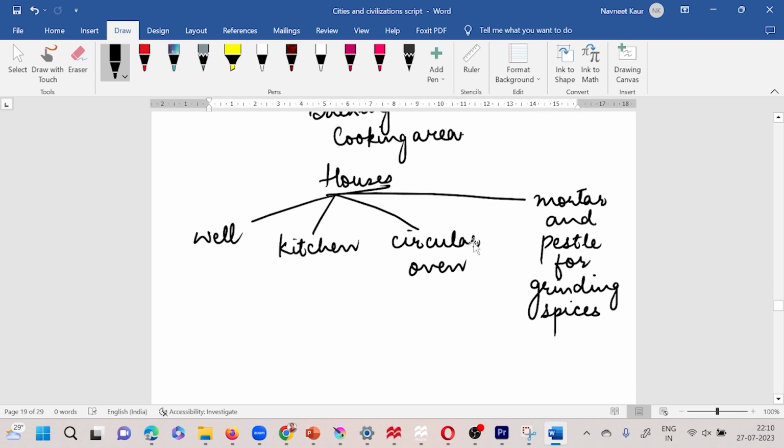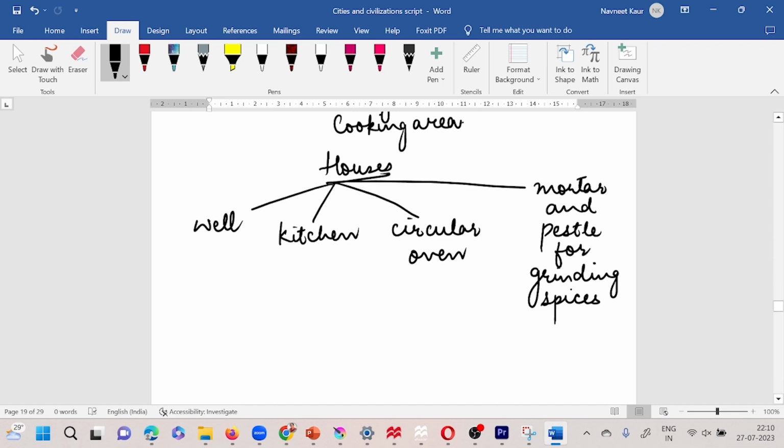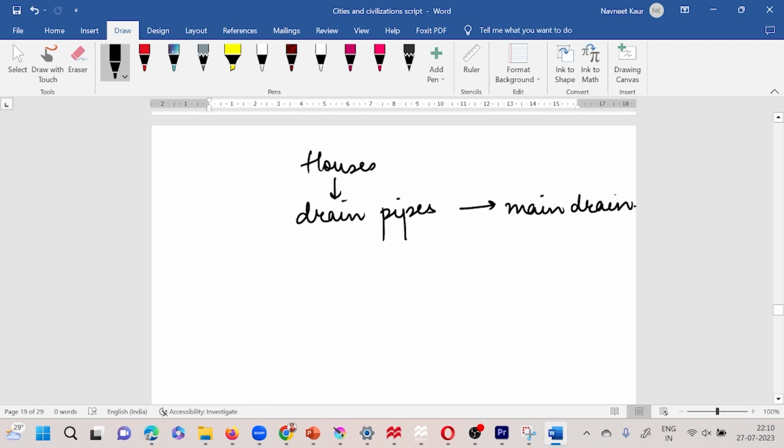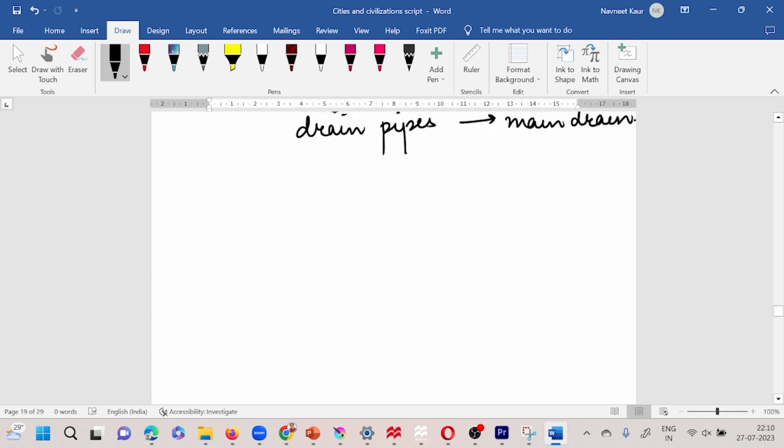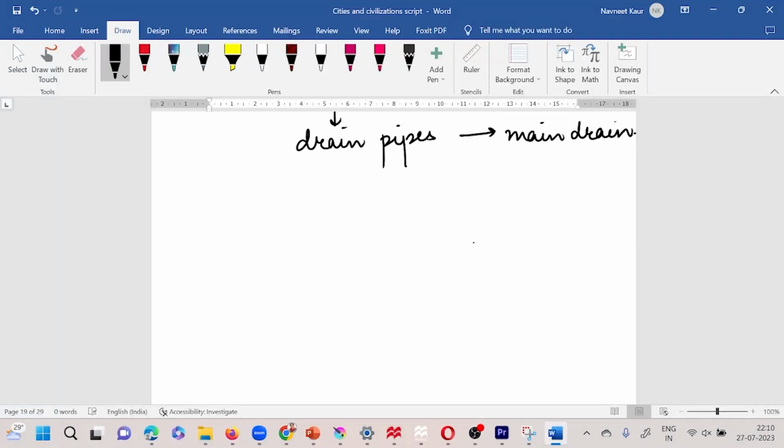In most of the households, you could see a well, kitchen, circular oven, mortar and pestle for grinding spices. And the houses had drain pipes, which were connected to the main drain. Now let's study the drains and drainage system of that time.